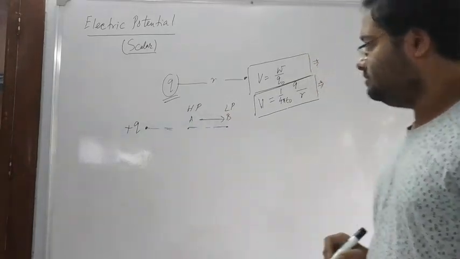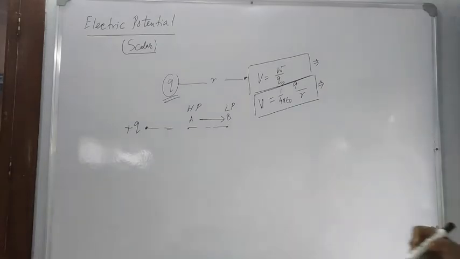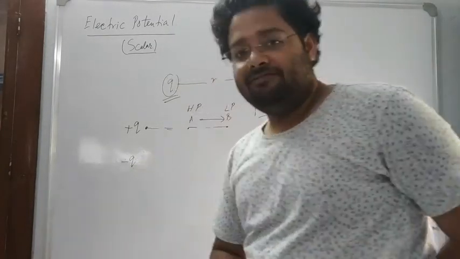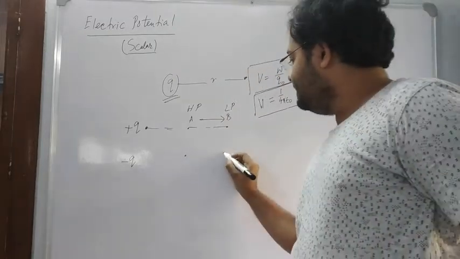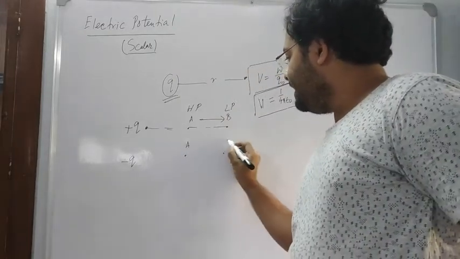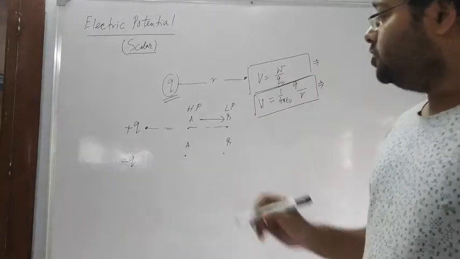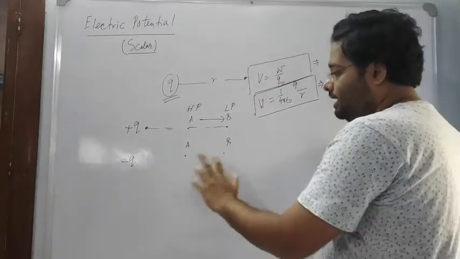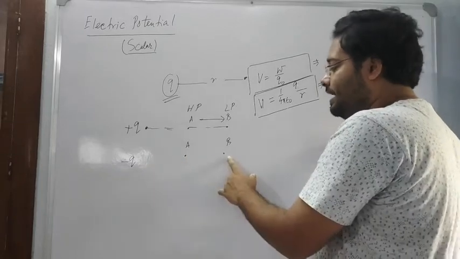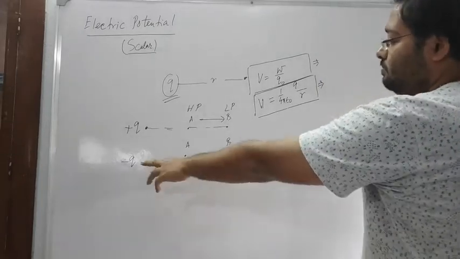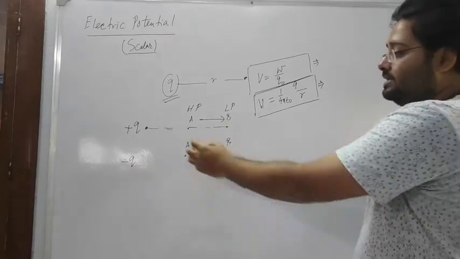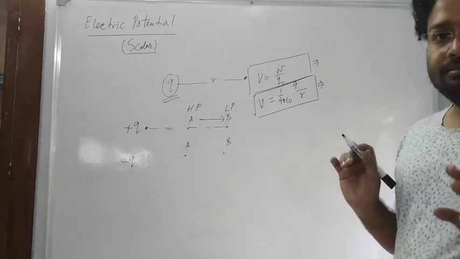But if the source charge is negative, and again these are 2 points A and B, which one is at higher potential now? You may think this is again at a higher potential, but being negative charge, this is more negative potential, this is less negative potential.